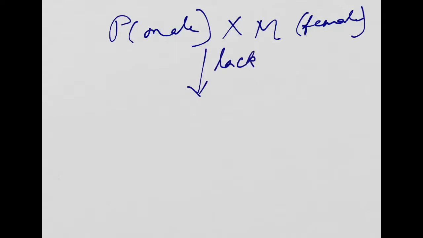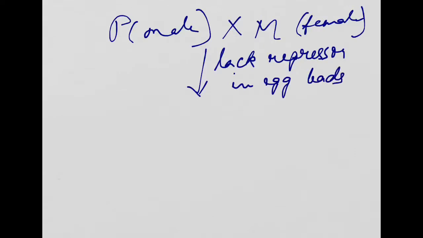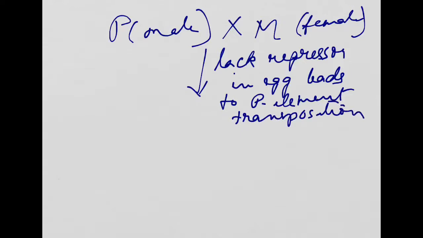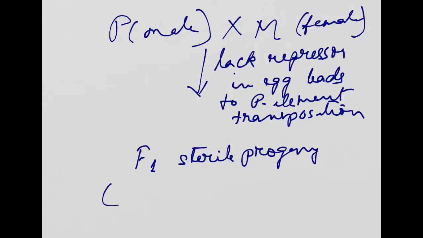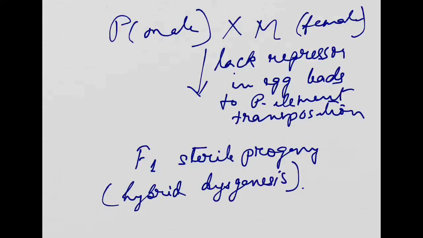Lack of repressor protein in eggs leads to P element transposition, which results in F1 sterile progeny. This is a disease called hybrid dysgenesis. So this was all about P elements.